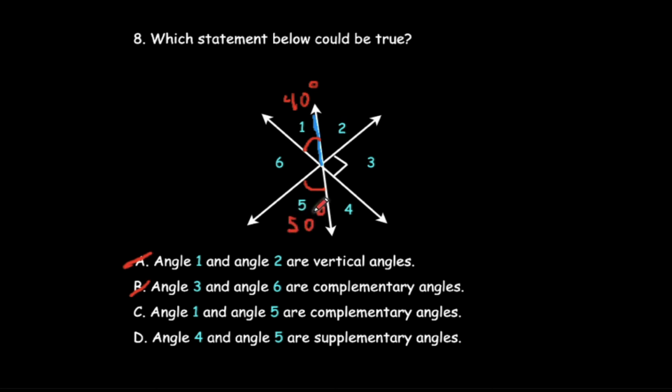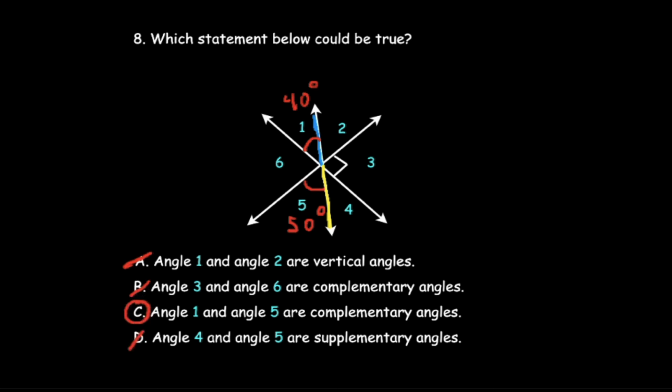We'll say that answer choice C is the correct answer choice here, but for peace of mind, let's see what answer choice D says. Angle 4 and angle 5 are supplementary angles. So if we look at angles 4 and 5, you can see that they share a common side. They're right next to each other, so they're adjacent angles, right? So that means answer choice C must be the correct answer choice.